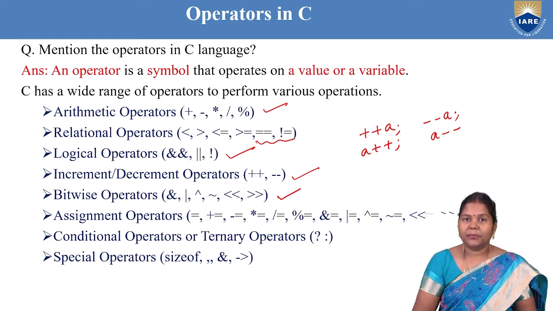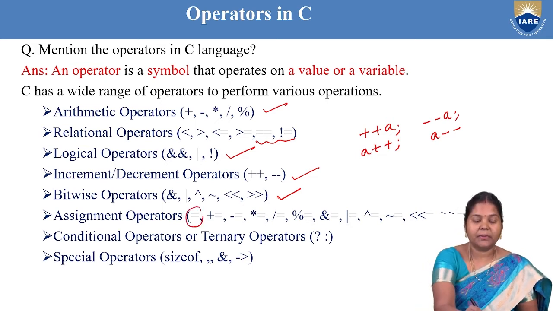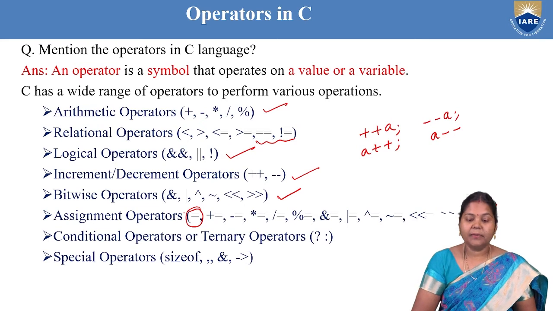Next, assignment operators are there. Assignment operators are basically of two types: one is called simple assignment and one is called compound assignment. Equal to is the simple assignment operator, whereas when assignment is combined with arithmetic operators or bitwise operators, these are called compound assignment operators.